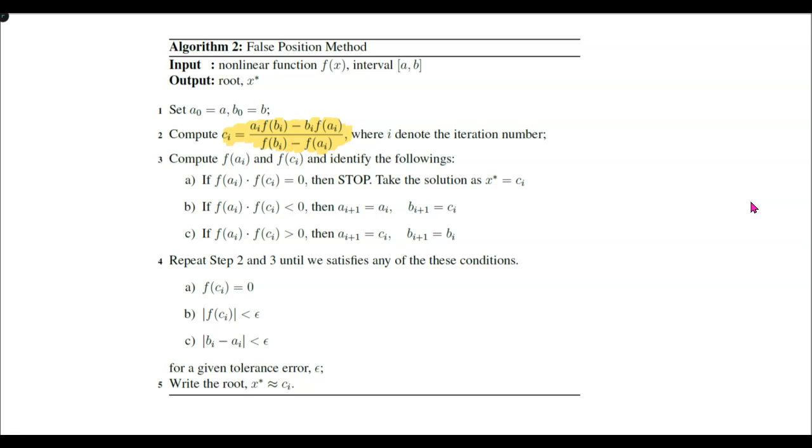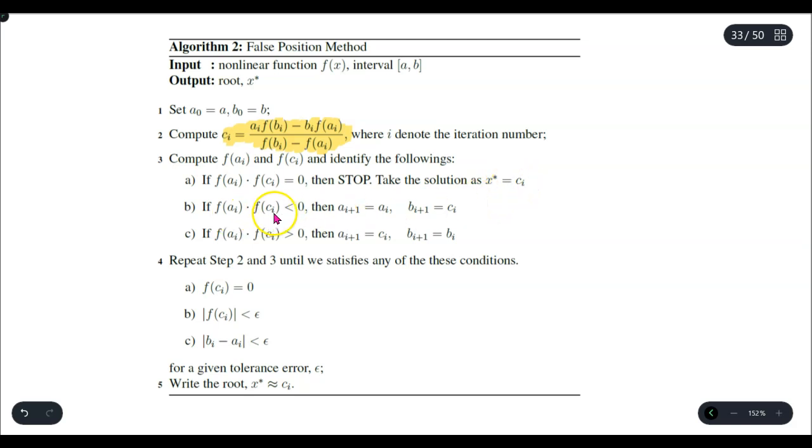For each iteration, we compute C by using this formula, and after that, we need to compute f(a) and f(c) and see whether we have one of the following conditions. If f(a) times f(c) equals 0, then we stop the iteration immediately and take our final answer to be the latest C that we have in our calculation.